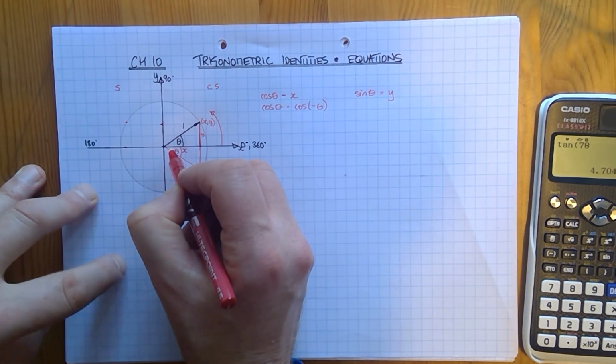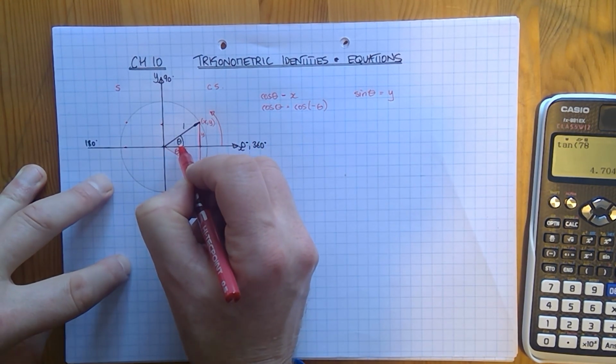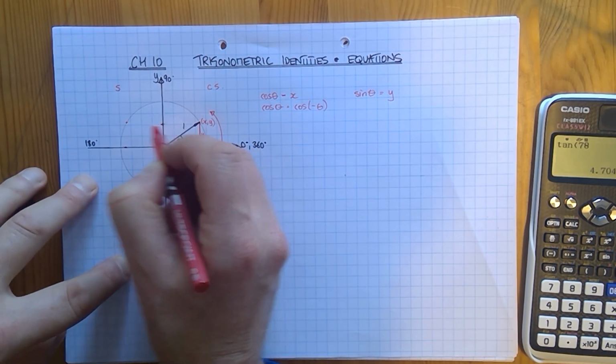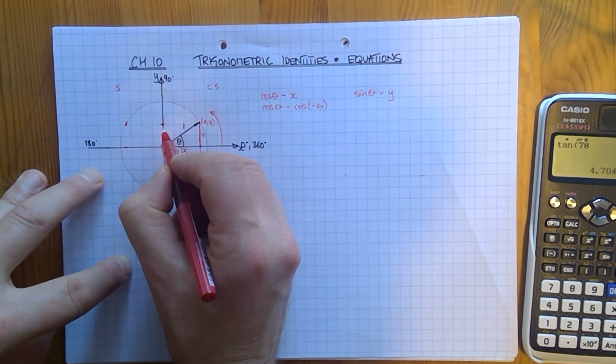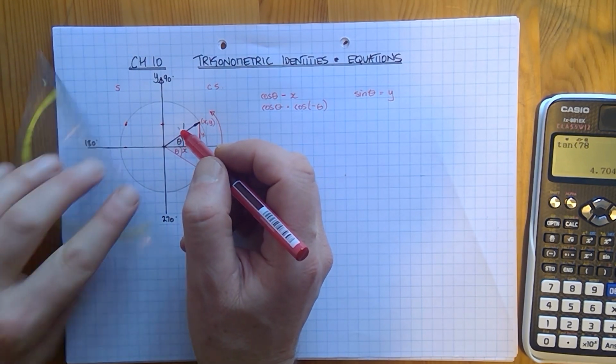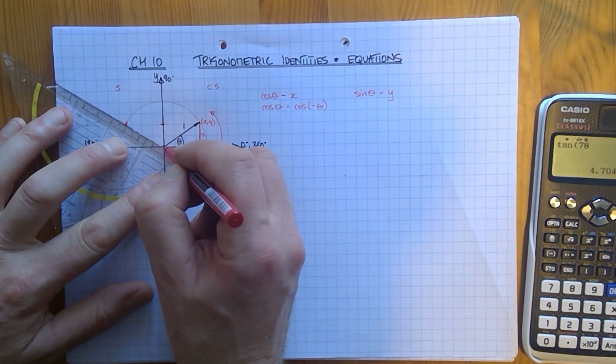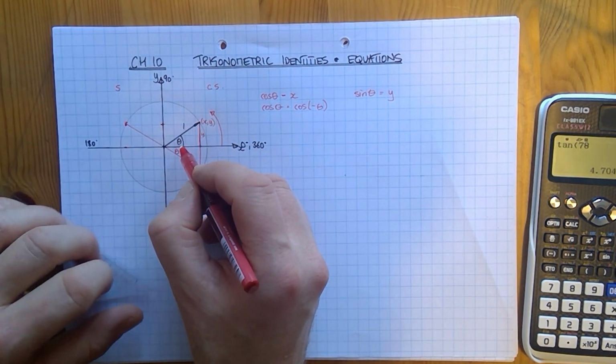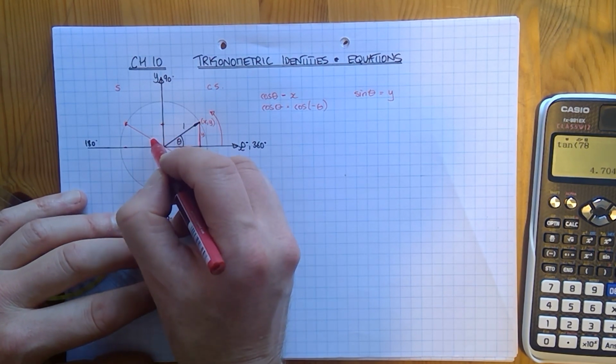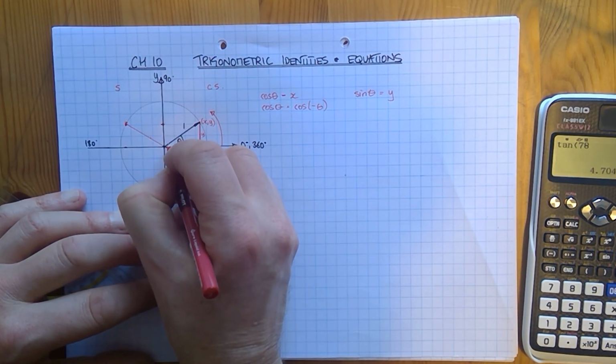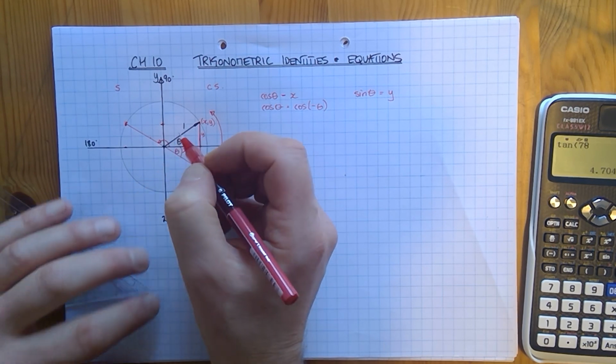But as with cos, if this angle is theta and that's the y coordinate, well, this point here also has the same y coordinate. So the sine of this angle is going to be the same as the sine of this angle, whatever this angle is, up to here.